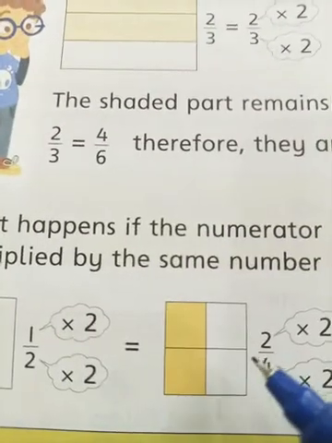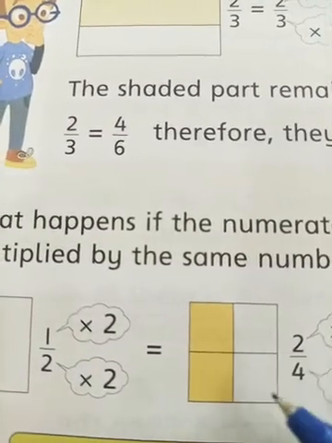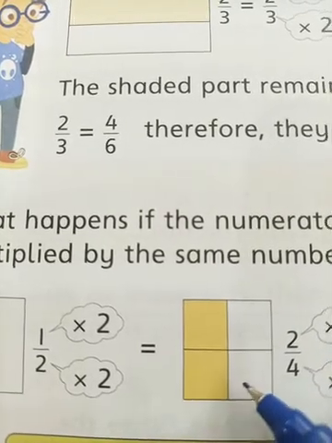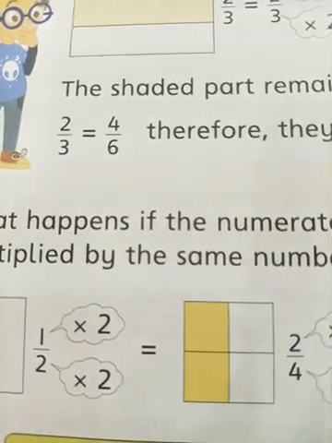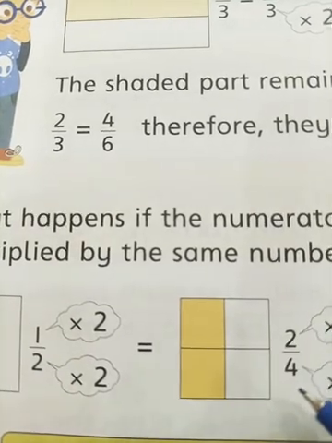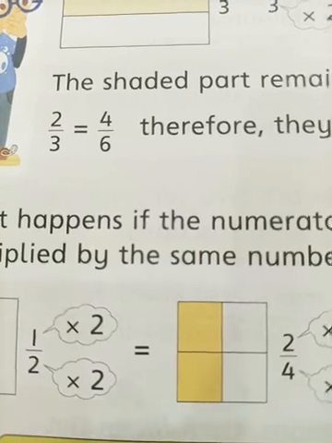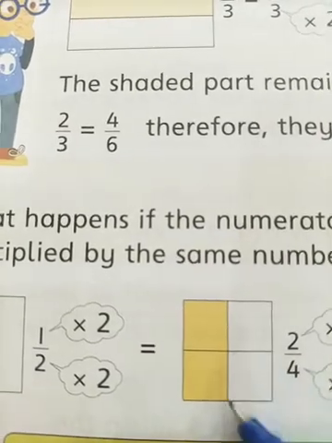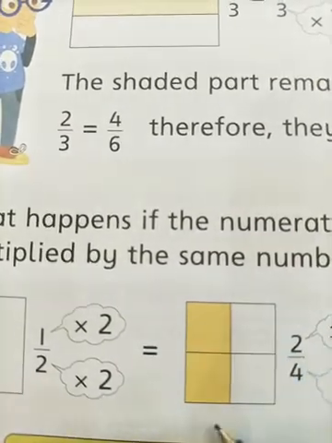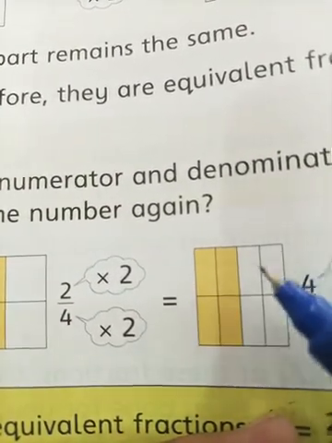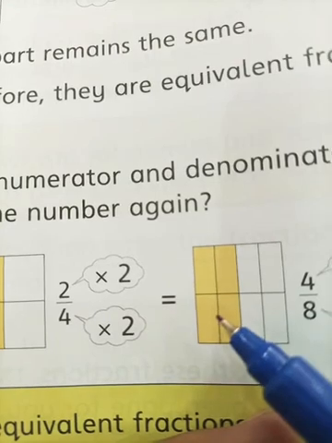So this will be 2 by 4. Look at this fraction, this is 2 by 4, divided into 4 parts, out of which 2 are shaded. And if we do the multiplication further, then 2 2s are 4 and 4 2s are 8. So it should be 8 parts in total, out of which 4 are colored. Look at this, here 4 by 8 having 8 portions, out of which 4 are colored.